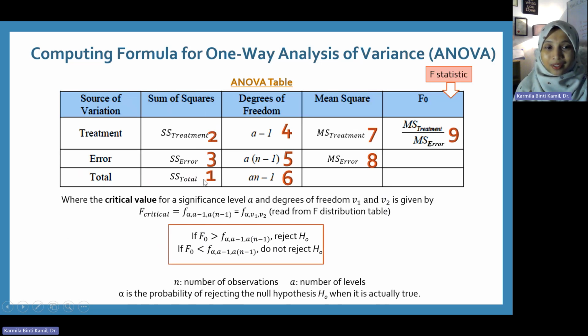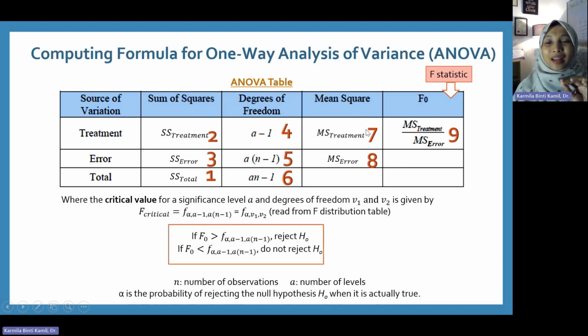For degrees of freedom, you just need to use the number of levels minus 1 here, and substitute the number of levels and the number of observations for 5 and 6. And then we complete the third column.